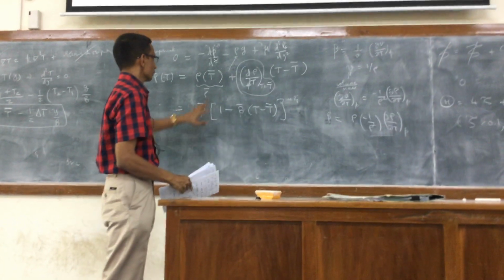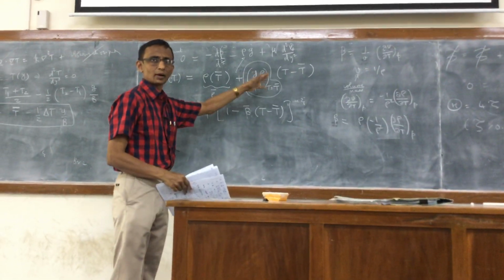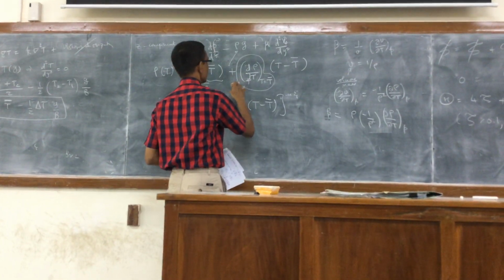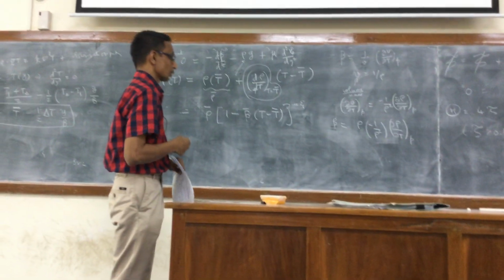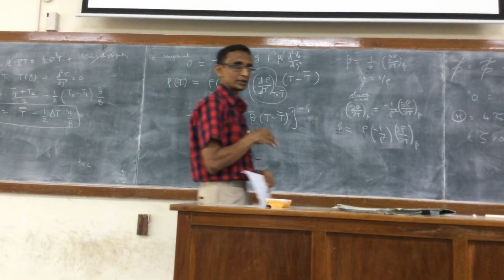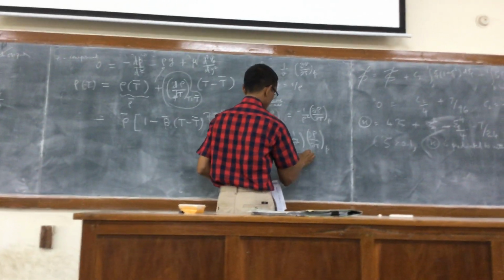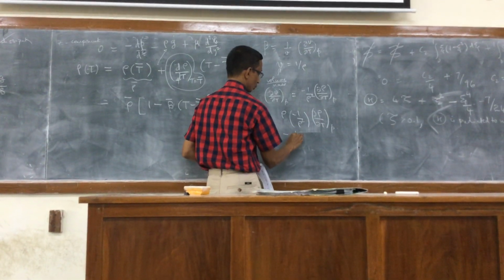Normally it is written this way, and I can regard this as an expansion at constant pressure also, but the effect of pressure on the density here is neglected. So effectively, this is minus 1 over rho.